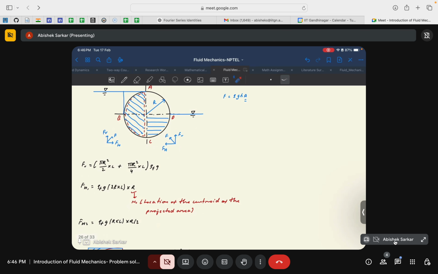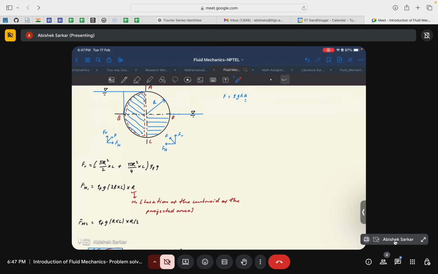Similarly, for the second part, FH2 would be similar. Rho F g would be the same, but A would be the projection of this half cylinder, or 1/4. So the projected area would be r times L. Since the free surface is at this location, different from the other side, the distance of the centroid would not be of the curved surface but of the projected area.